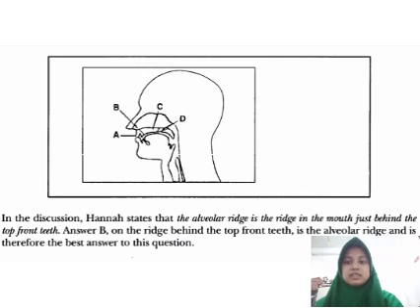In the discussion, Hannah states that the alveolar ridge is the ridge in the mouth just behind the top front teeth. So, where is the answer that points just behind the top front teeth? So, the answer is B.